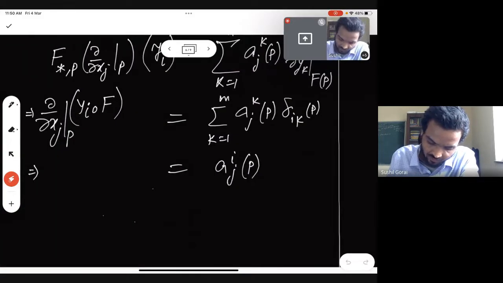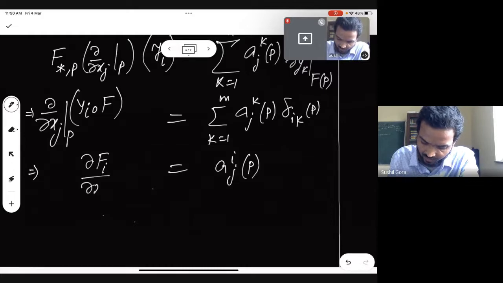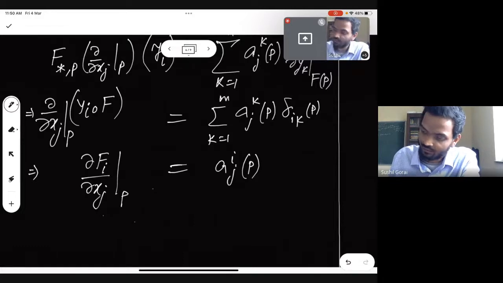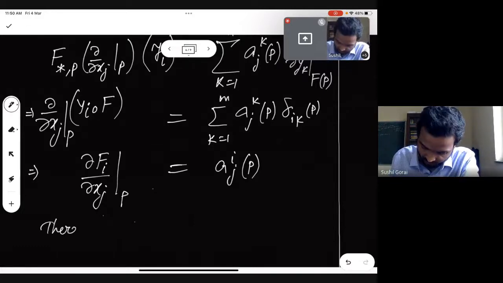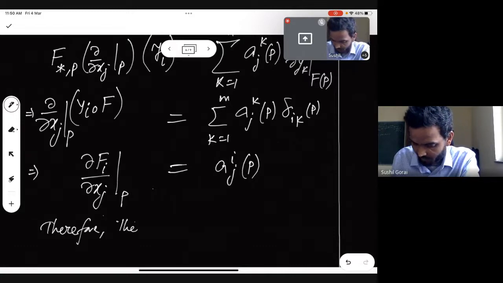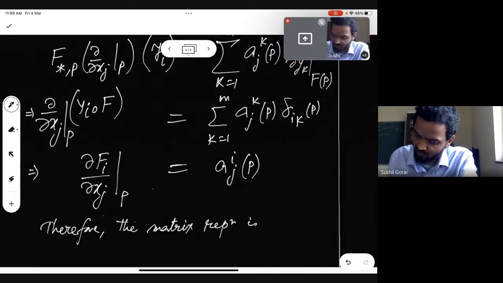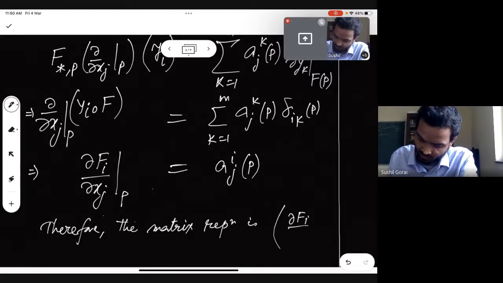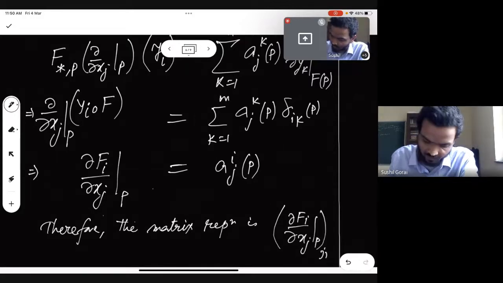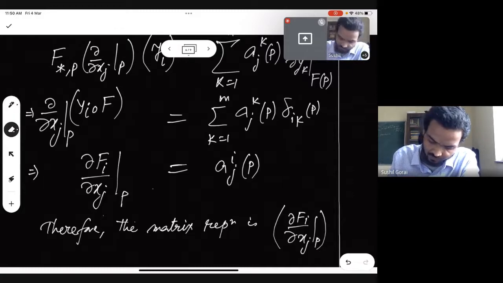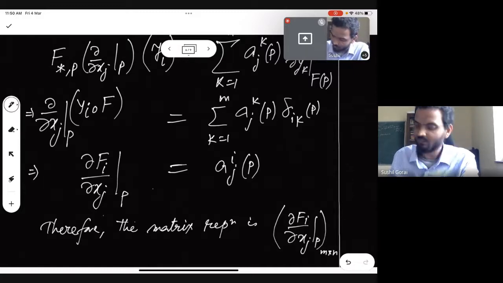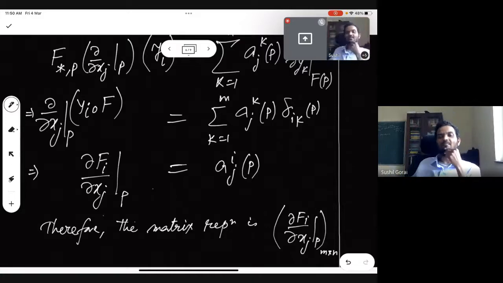So this is del F_i by del x_j at P. Therefore, the matrix representation is del F_i by del x_j at P, the Jacobian. Makes sense?